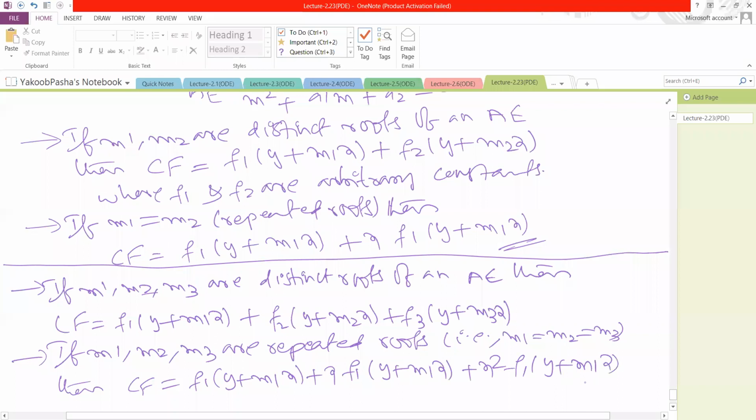That is for three repeated roots. అలాగే four repeated roots ఉంటే, x cube f1 of y plus m1x, ఇలా మనం కంటిన్యూ చేసుకుంటూ వెళ్ళాలి.